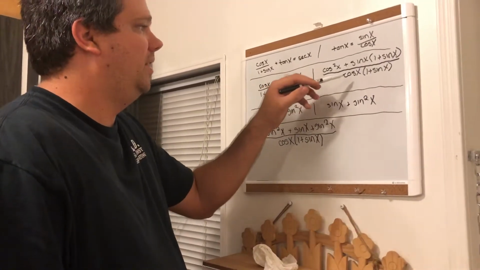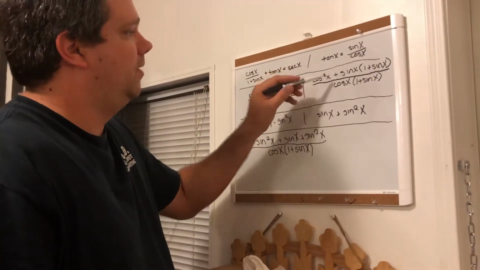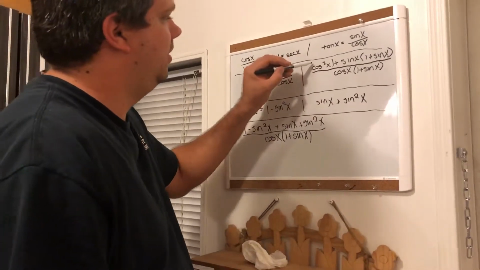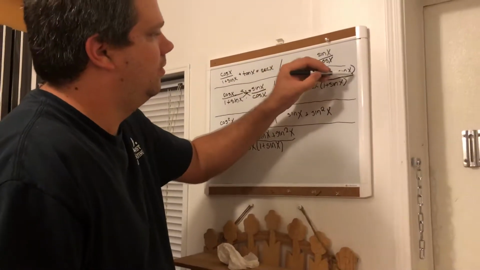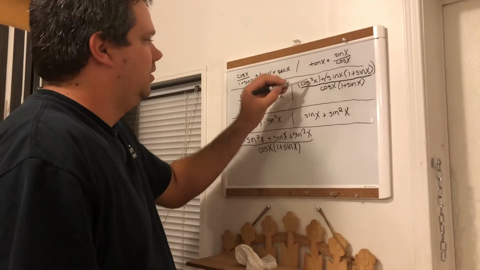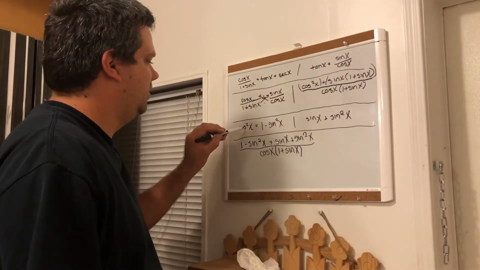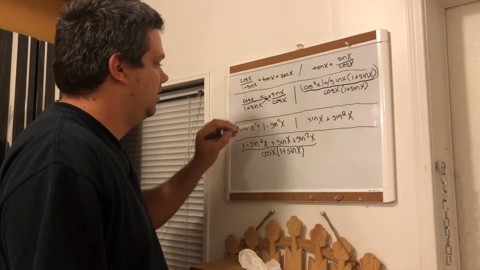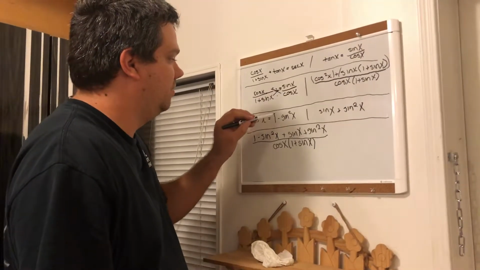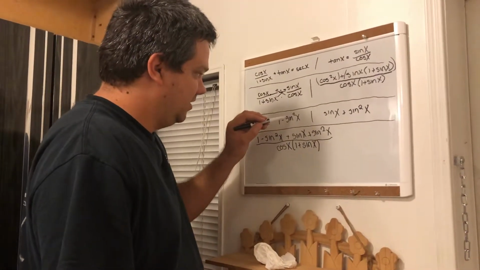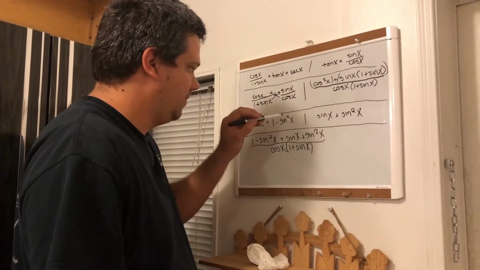Now, my next part, I want to split these areas and work with them. From here, we also know the cosine squared of x is also equal to 1 minus sine squared of x.